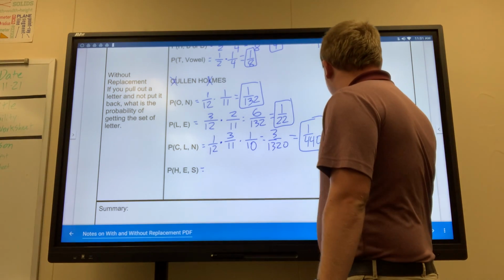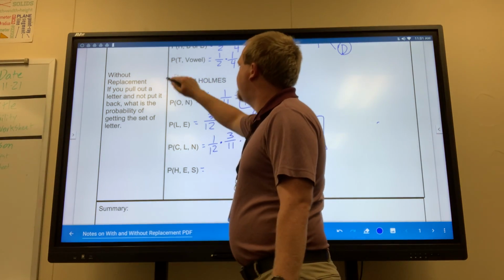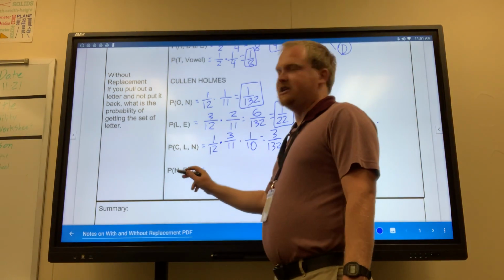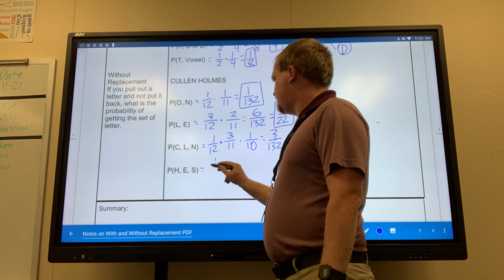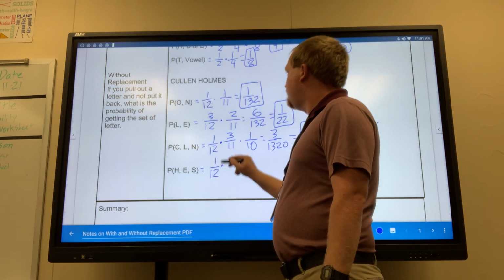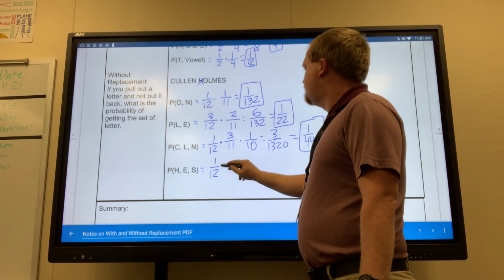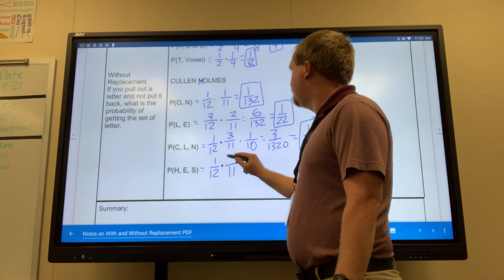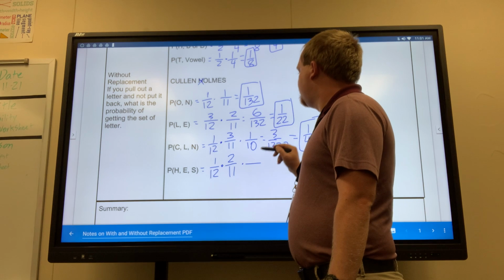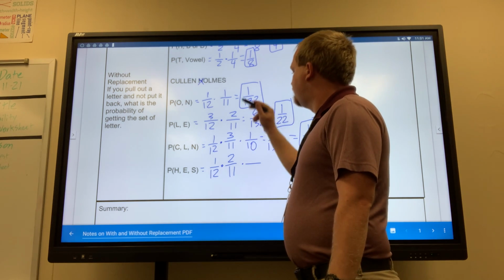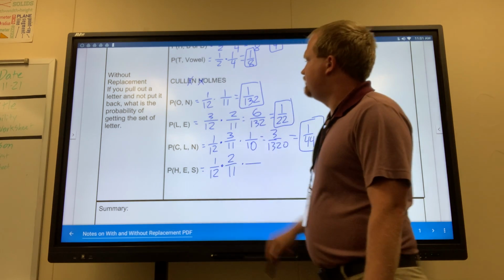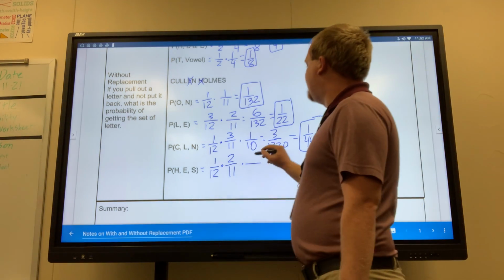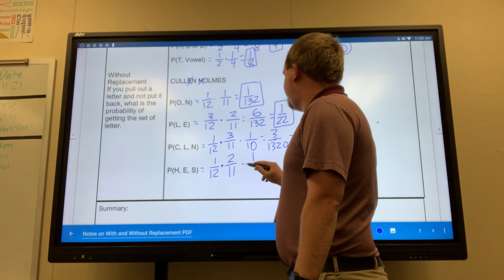Okay, so let's try that one more time just to get a feel of it. So if I look at H, I have 1 H out of 12. I pull that H out, I have 11 left, but I have 2 E's. And then, let's say I pull this E out, then I have an S. I have one S out of 10 letters.